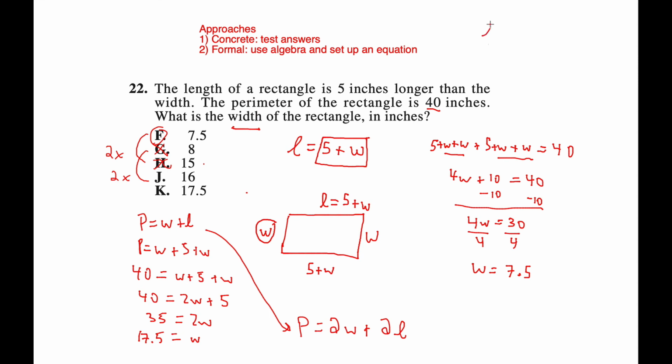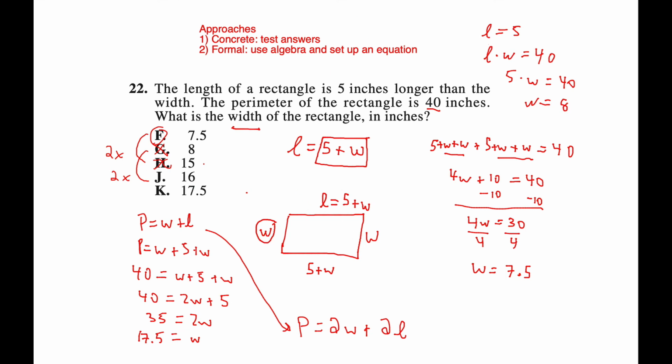Because if we thought that the length were 5 and that the area were 40, then we would have length times width to get the area. So it'd be L times W equals 40. So 5 times W is 40, and that would give us W is equal to 8. And that might also explain why J is there, in the sense that this could reflect that similar mistake we saw in H of basically taking the width and then adding it to the other width to get 16.